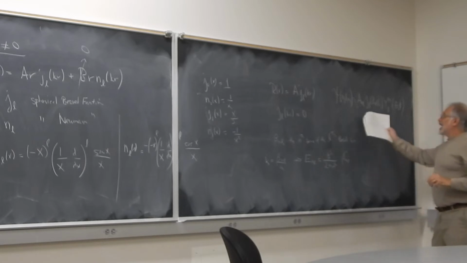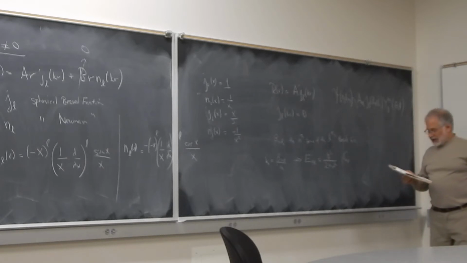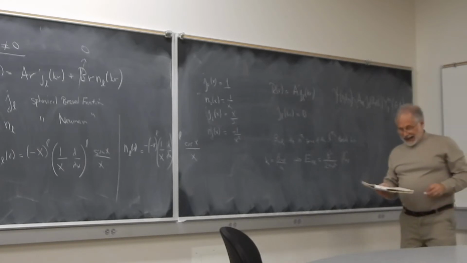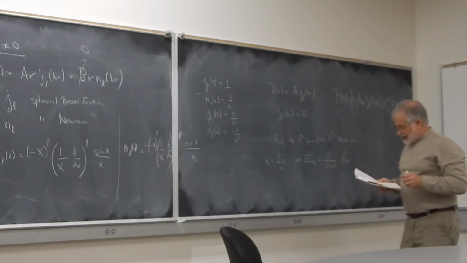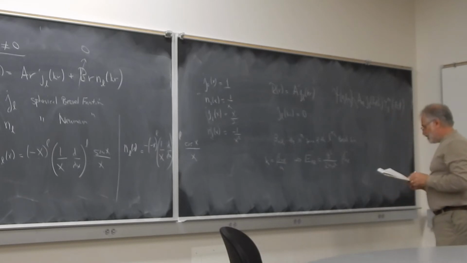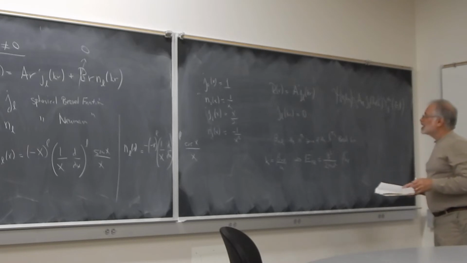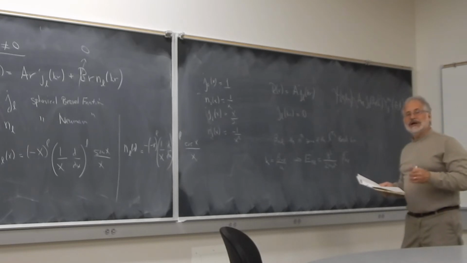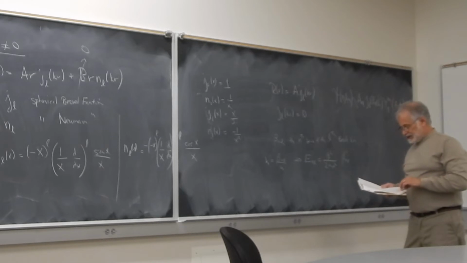And we determine A sub NL by normalization. Each energy has 2L plus 1 values of M. So we say that each energy level is 2L plus 1 degenerate.